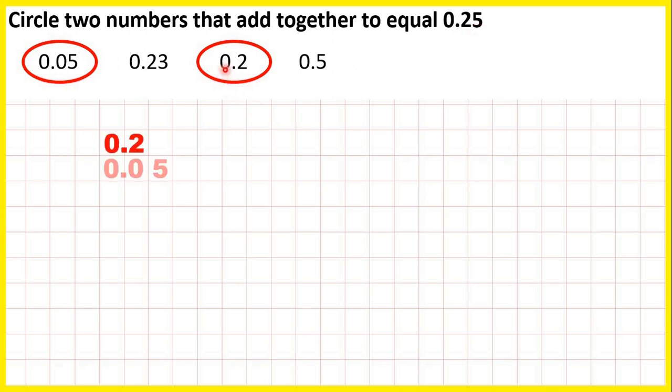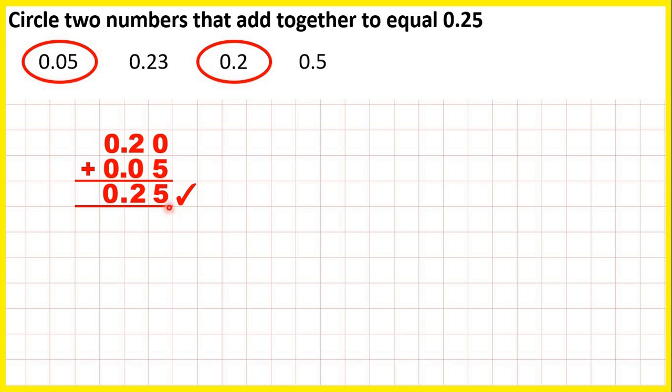We know that when we're adding decimals, we line up the decimal points, so that's 0.2 and 0.05, and then we can write zeros in empty squares and copy down the decimal point. So 0.2 plus 0.05 gives us 0.25.